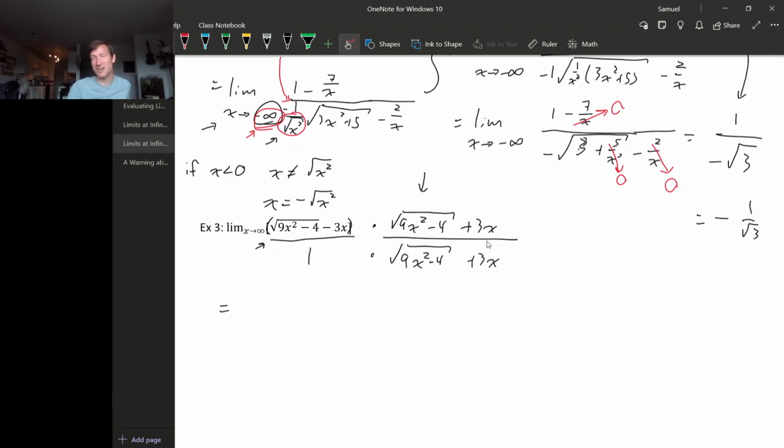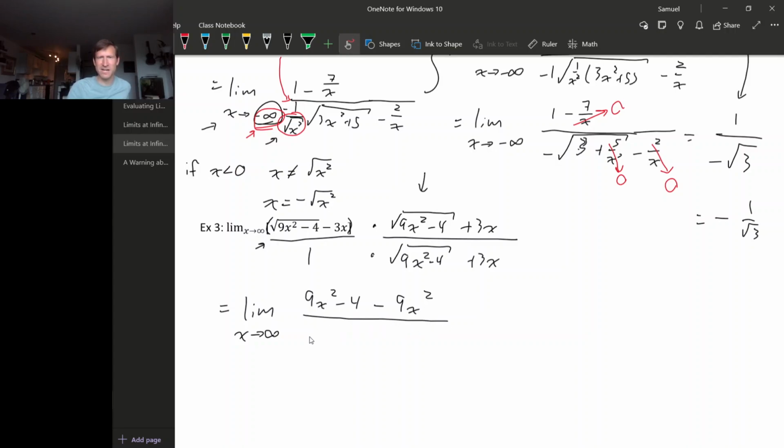Okay, so it's hard to know ahead of time if this is going to be helpful, but it's definitely something we can try. So if we multiply this out in the numerator, we get the limit as x goes to infinity. In the numerator we get 9x squared minus 4, and then the cross terms cancel, and minus 9x squared.